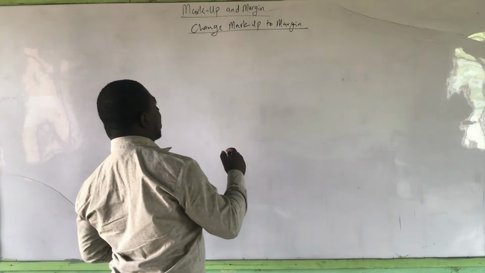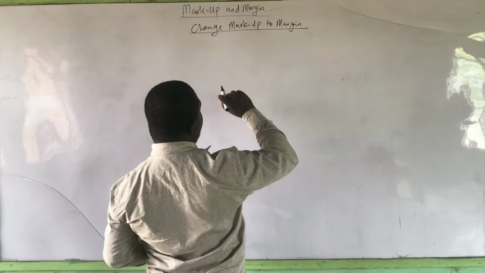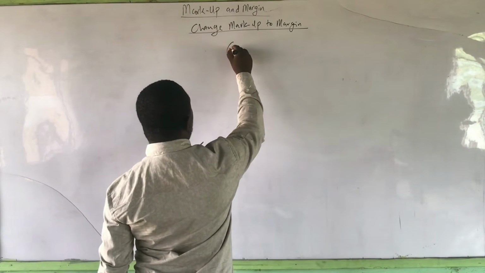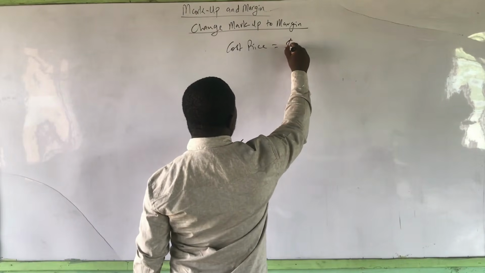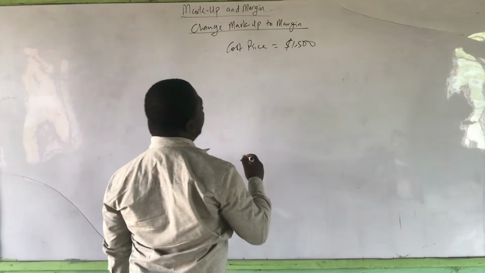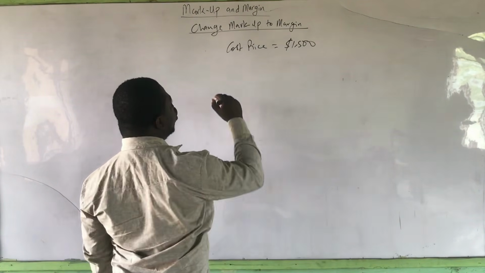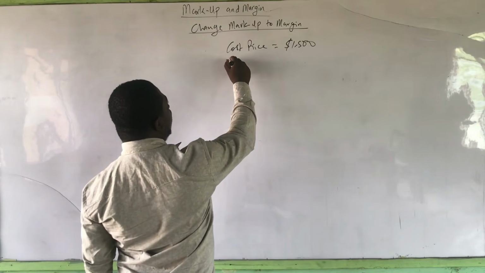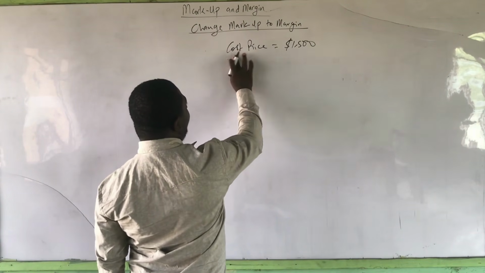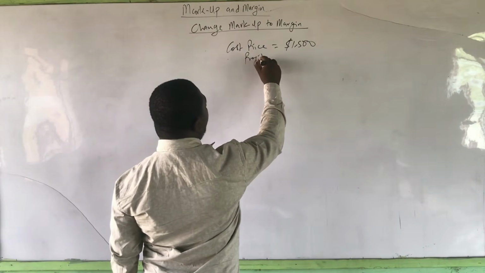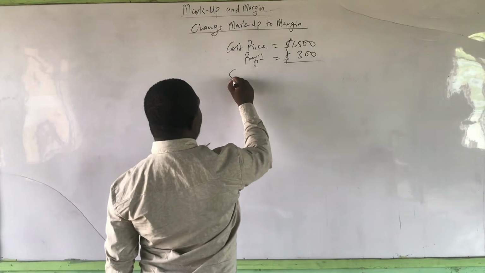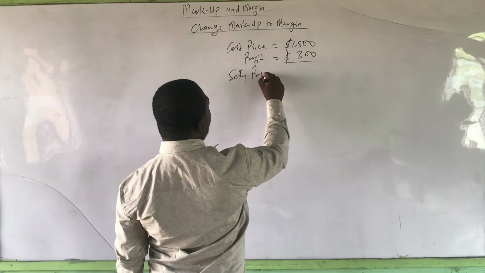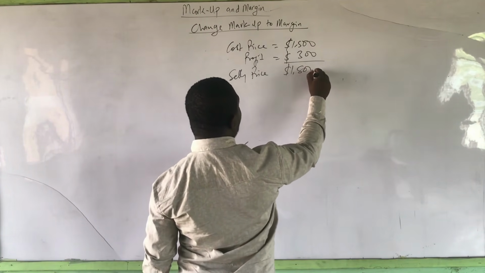So let's assume that you have your cost price to be $1,500, okay, and then you have a profit component of, let's say, 300, giving you selling price of $1,800.